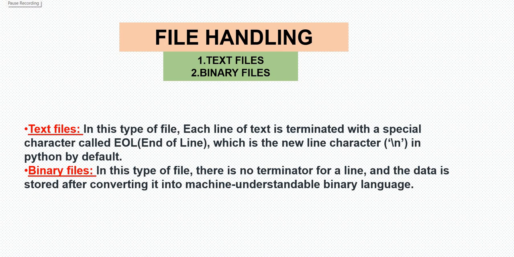Text files are basically a collection of ASCII codes, or in simple words we can say this is a file where we can see a terminator, also known as EOL, end of line, and in escape sequences this is \n.